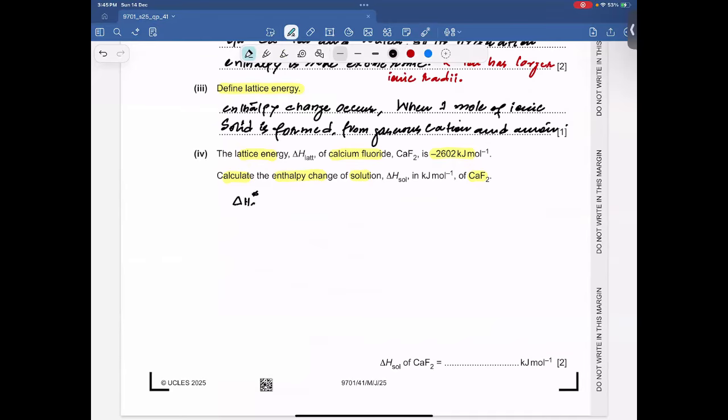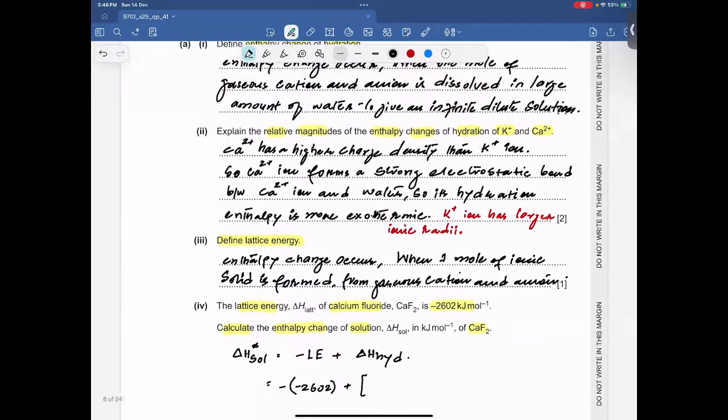Standard enthalpy change of solution equals minus lattice energy plus hydration enthalpy. Minus lattice energy is minus 2602. Hydration of calcium ion is given, which is, I believe, minus 1650.